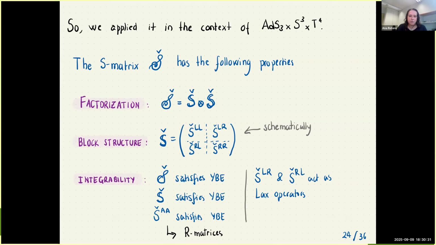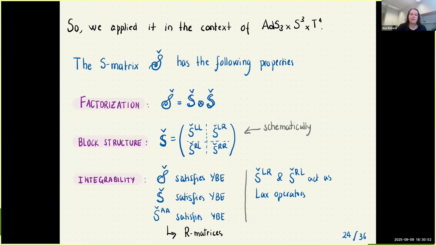It has factorization, so the full S matrix can be factorized into two smaller ones. It has block structure, so each of these smaller ones can be written in blocks, schematically like this.